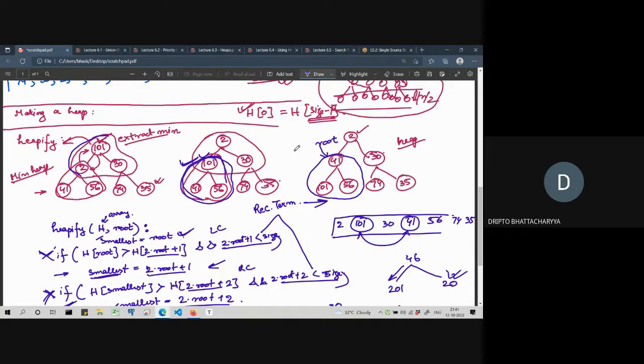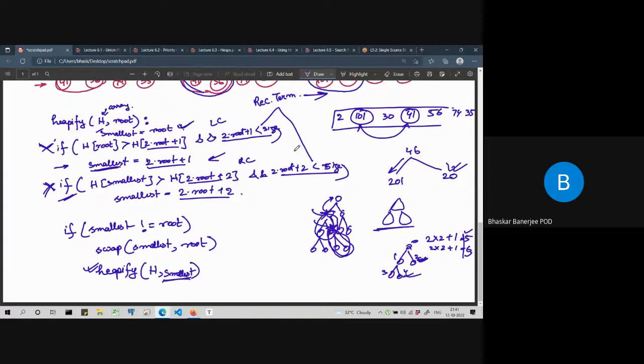That is, if we are not getting into this if block, that is, if smallest is not equal to root, otherwise if smallest is equal to root, then we are just returning.